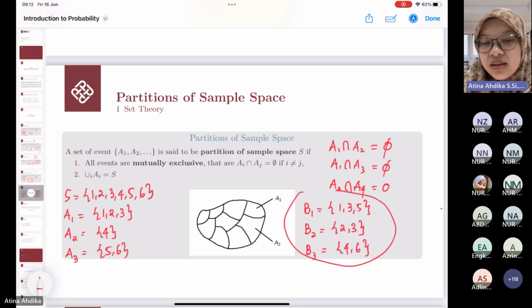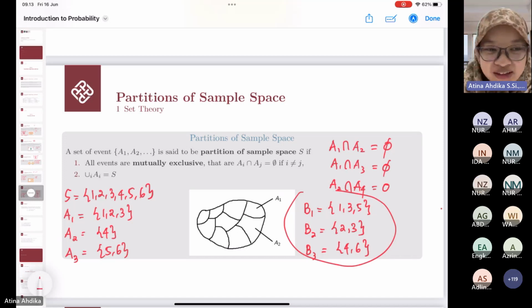So are all of these B1, B2, and B3 the partitions of sample space? So your answer is yes. Yes, correct, madam.